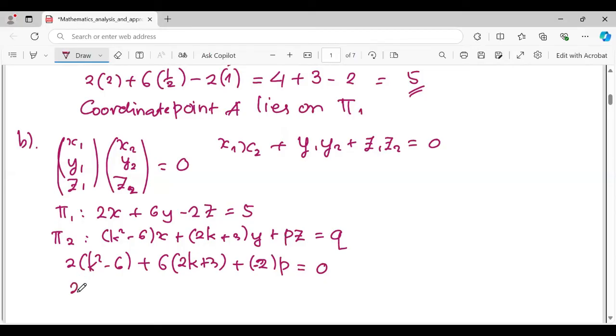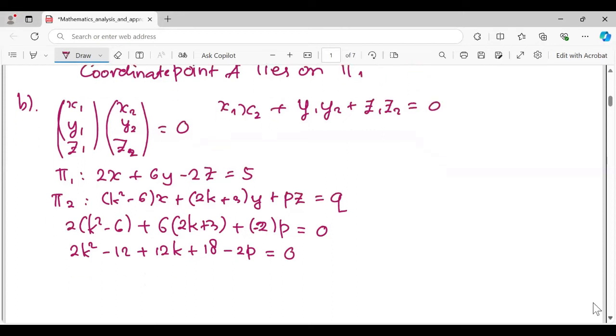Then 2k squared minus 12, plus 12k plus 18 minus 2p equals 0.